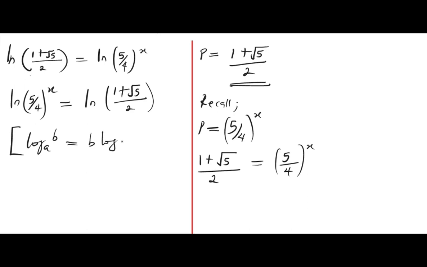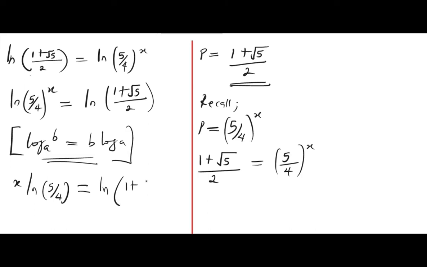You take note of this. The same thing applies to natural logarithm. So if you apply the same here, you're going to have x natural log of 5 divided by 4 equals natural log of 1 plus root of 5 divided by 2.